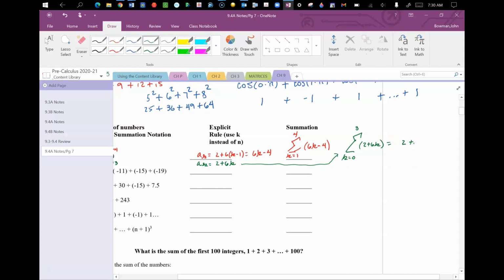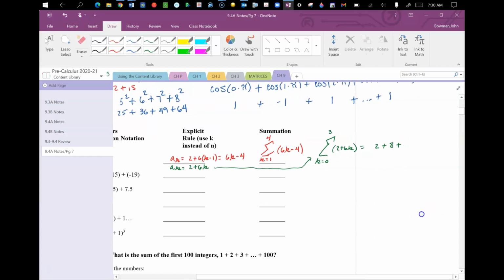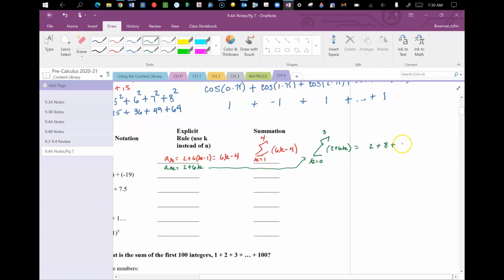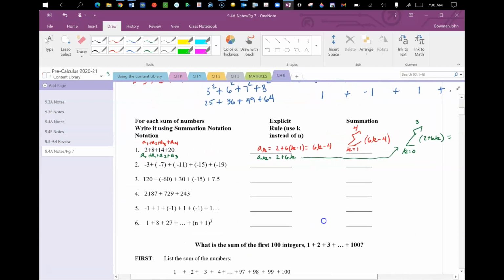If we were to plug in the index value of 1, we would have 2 plus 6, which would be 8. If we were to plug in the index value of 2, we would have 2 plus 12, which would be 14. And finally, if we were to plug in the index value of 3, we would have 2 plus 18, which would be 20. And you can verify that that is the same as the series that we started with.